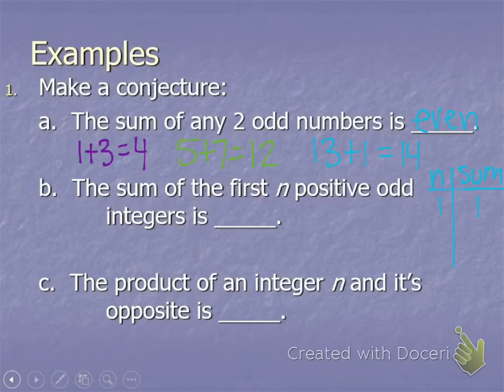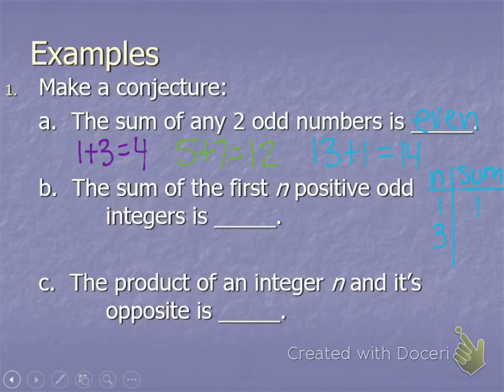But if n equals 2, nope, let's go with 3. Keep it odd the whole time. So we're looking at the first 3 positive odd integers.